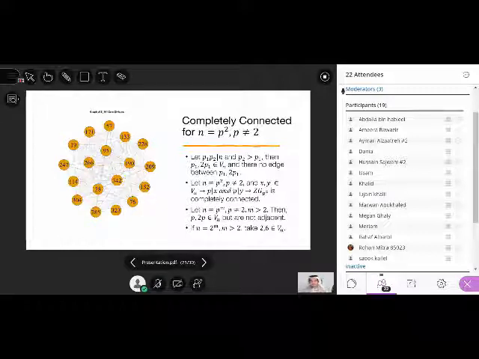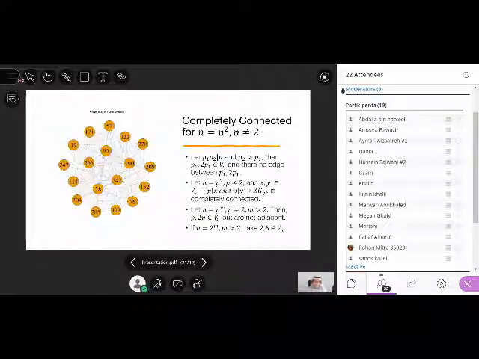Then p has to divide x, and also has to divide y. That means x and y both are multiples of p. And therefore, whatever x, y you choose in Vn, they're always adjacent, because their product will be some multiple of p squared.